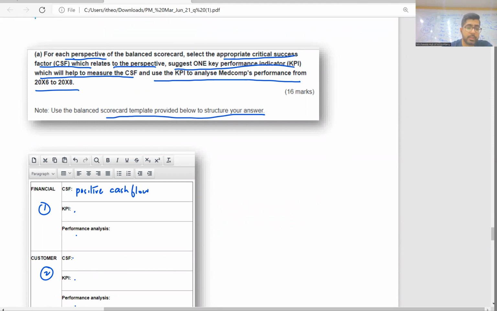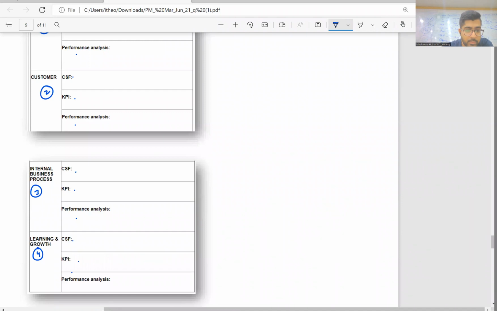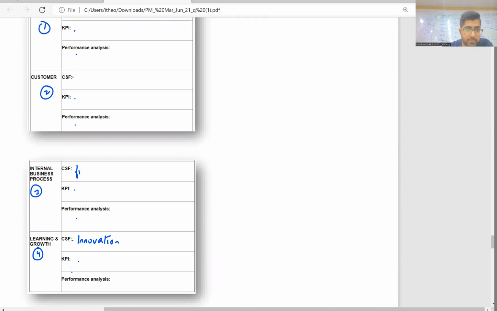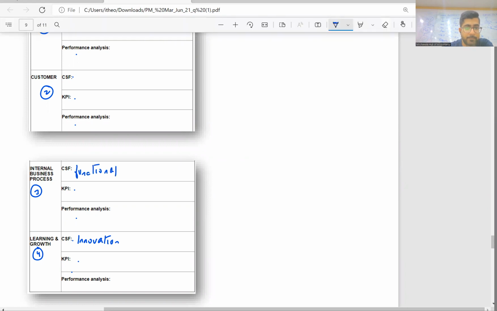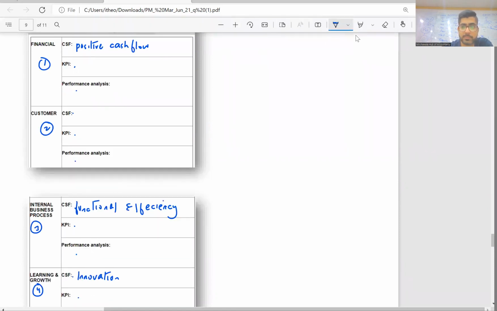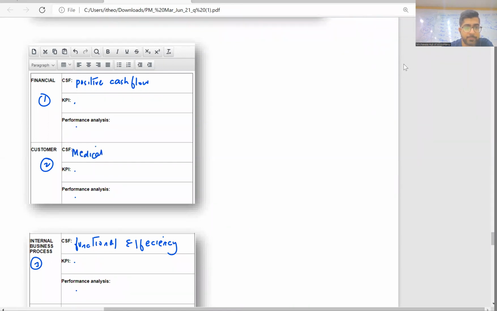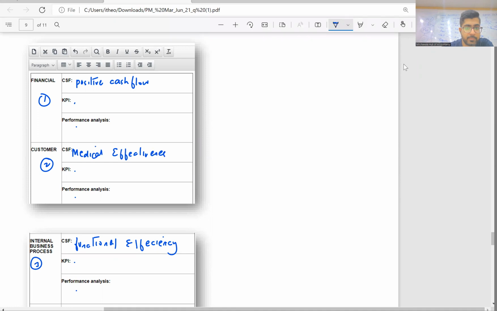Critical success factor for learning and growth is innovation. For internal business, it relates to functional efficiency. And for customer, it's medical effectiveness.